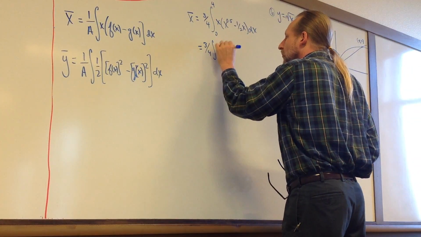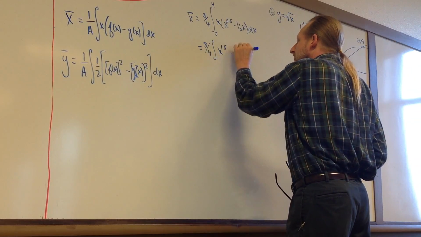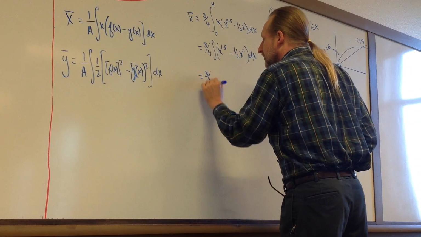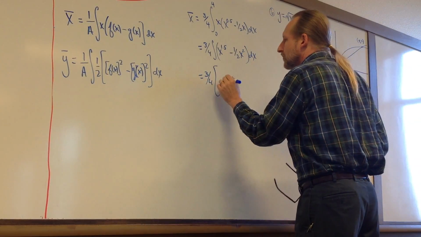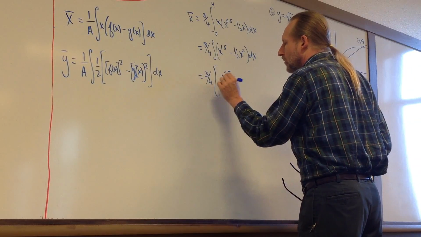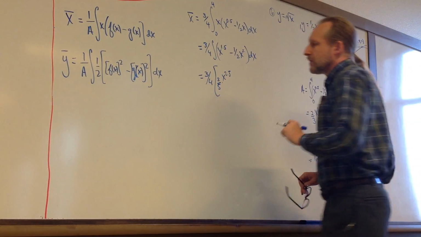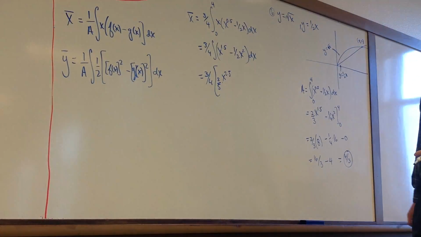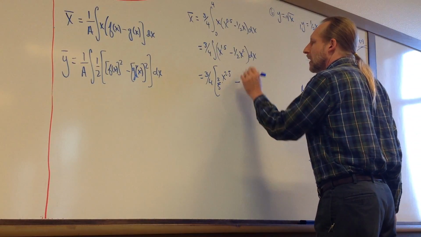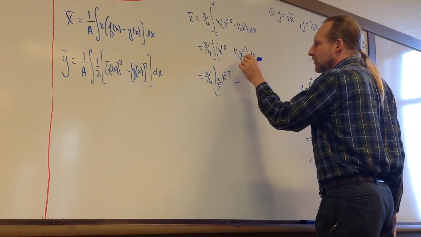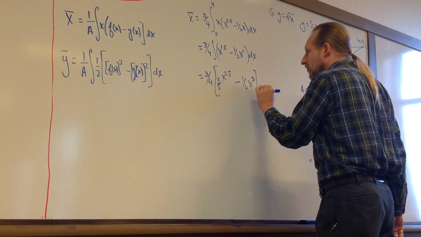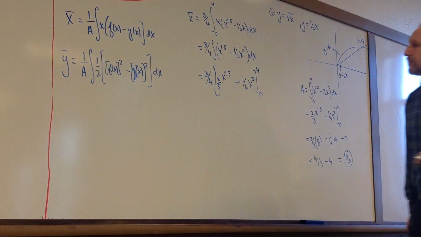So that'll be x to the 1.5 minus a half x squared. And now we have to do the integration. Okay, so this will be x to the 2.5 over 2.5, or times the reciprocal of 2.5, which is 2/5. And then minus 1 over 2 times x cubed over 3. And then we want to evaluate that from 0 to 4.